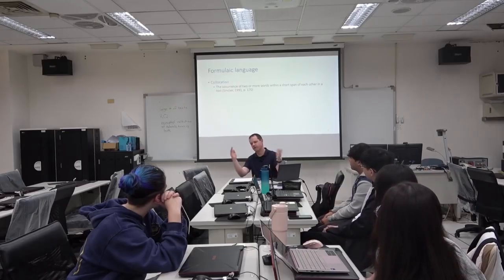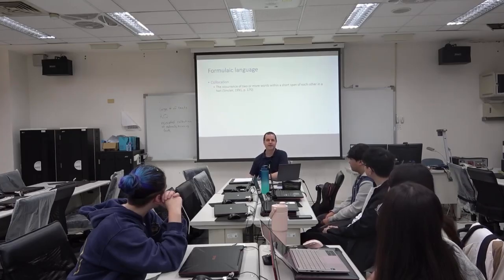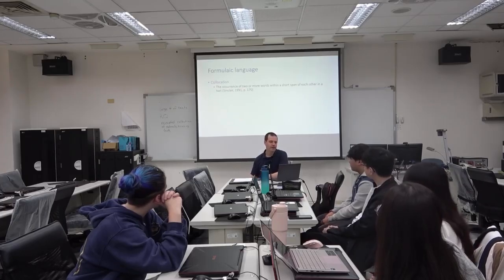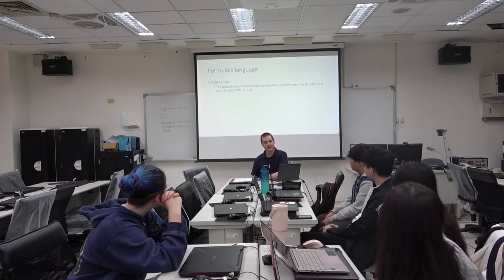Usually it's like 1 or 2 spaces, but that's the standard operationalization of collocation. It's within 4 words. And that's by Sinclair, 1991. Sinclair is one of the big names in corpus linguistics. He passed away, kicked the bucket, as it were, but he was a very famous man, a really good author, good writer, very good thinker, very philosophical, and he was one of the first people to really bring corpus linguistics to the forefront of linguistic analysis.